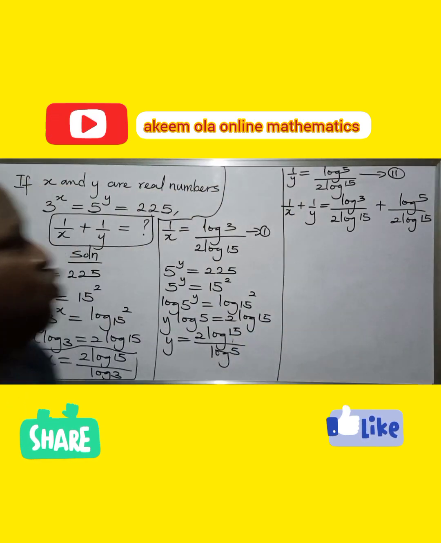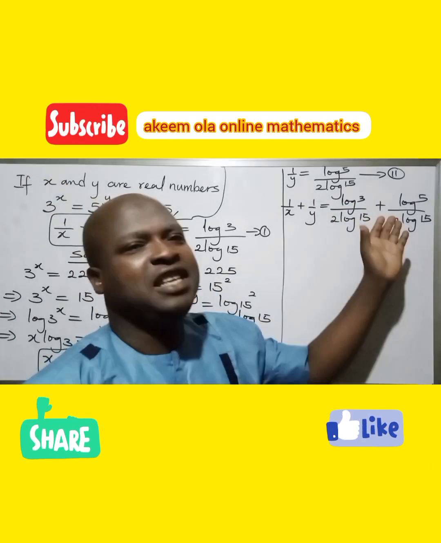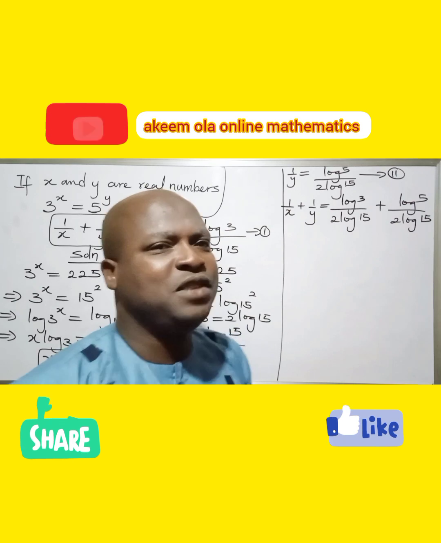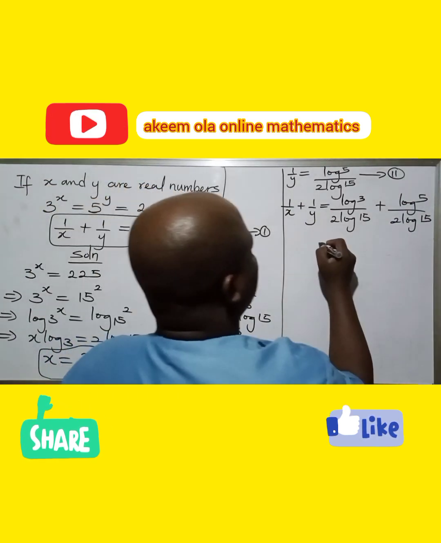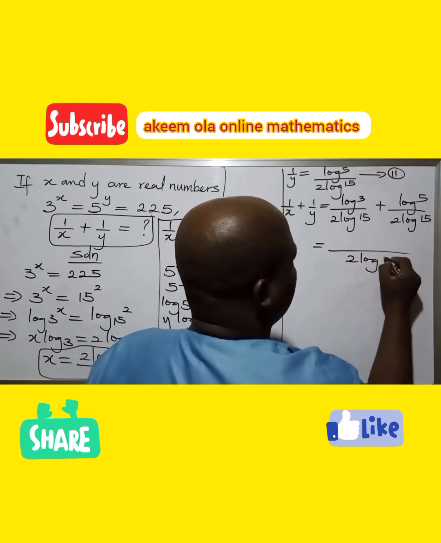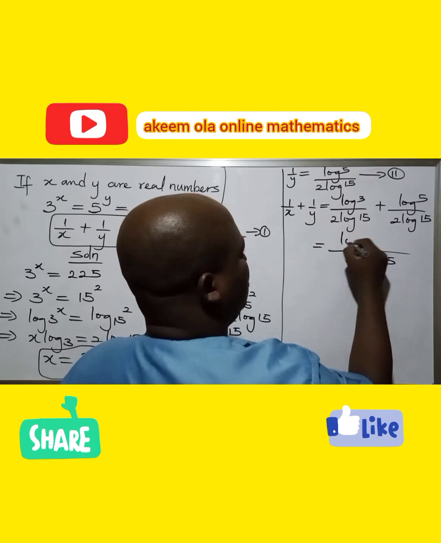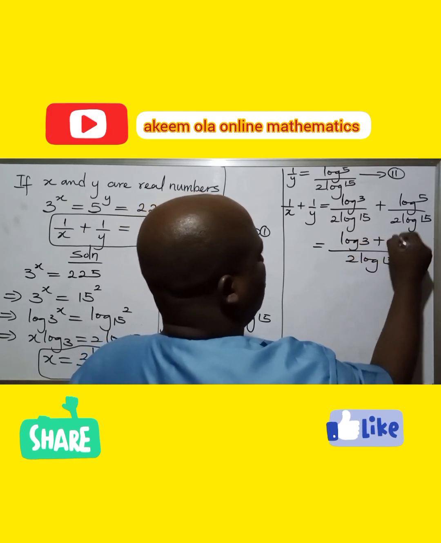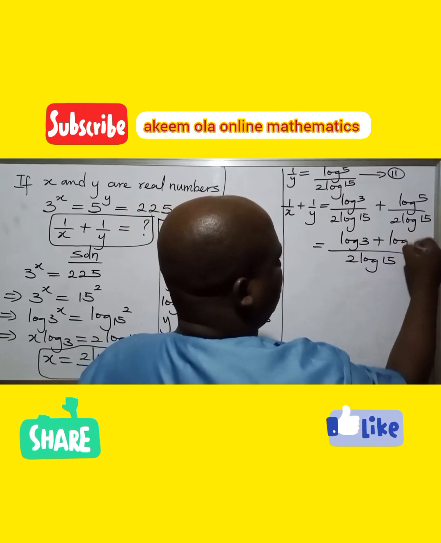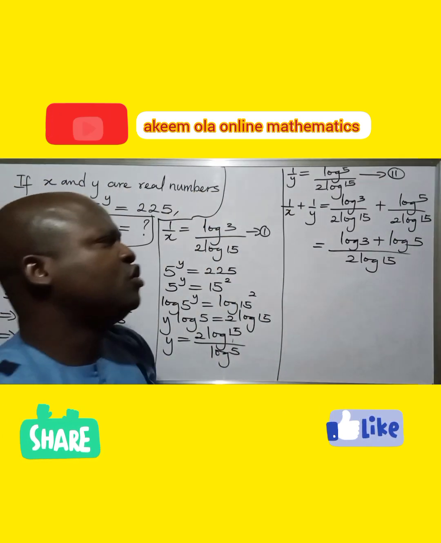If you consider the two of them, you will notice that we have fractions here, and we can easily find the LCM of the denominators. That means the LCM will be 2 log 15. So we have log 3 plus log 5. So from there, what are we going to do?